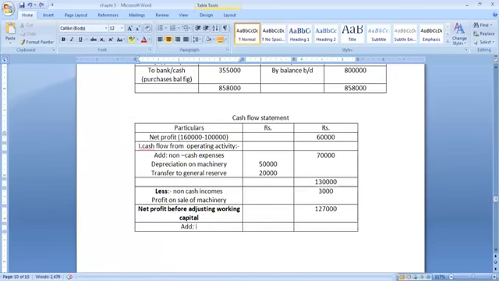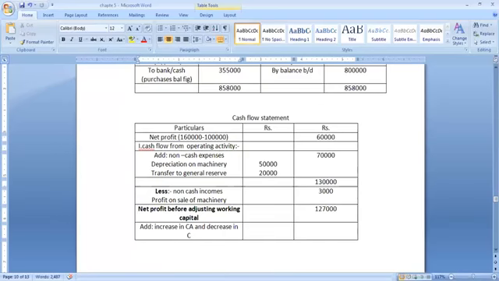Okay. So here you will take add increase in current assets and decrease in current liability. So increase in current assets and decrease in current liability will be reduced.